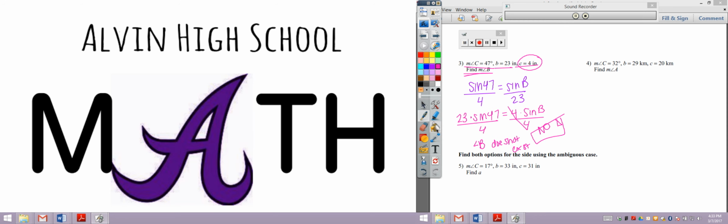All right, in number 4, I have a lot more work to do because the way that it's set up, I have angle C and side C. I have B, but I'm not solving for B, I'm solving for A. So first I've got to find B. So sine of 32 over 20 equals sine of B over 29. Cross multiply.